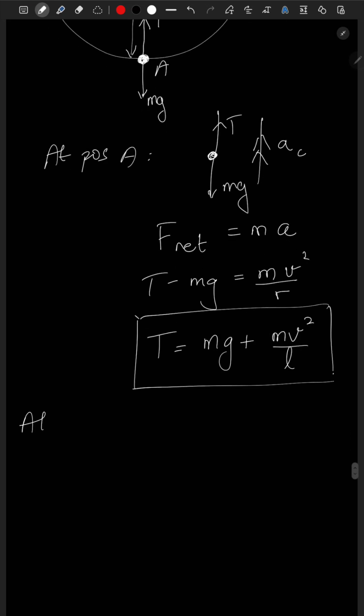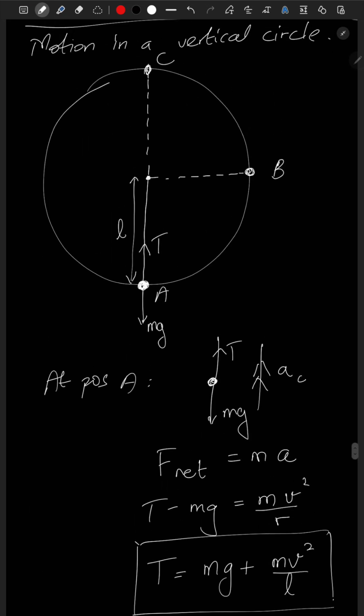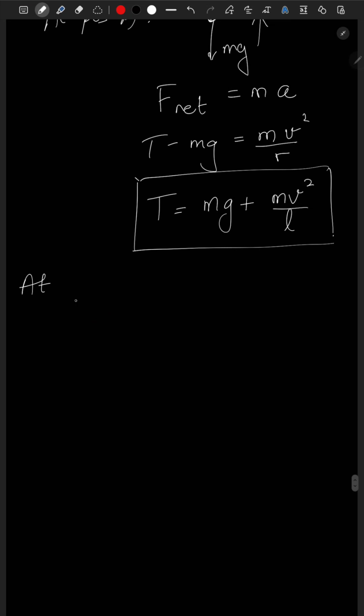Now at position B, the centripetal force is directed to the left and the weight is down, mg. So the only force that is providing the centripetal force is the tension.